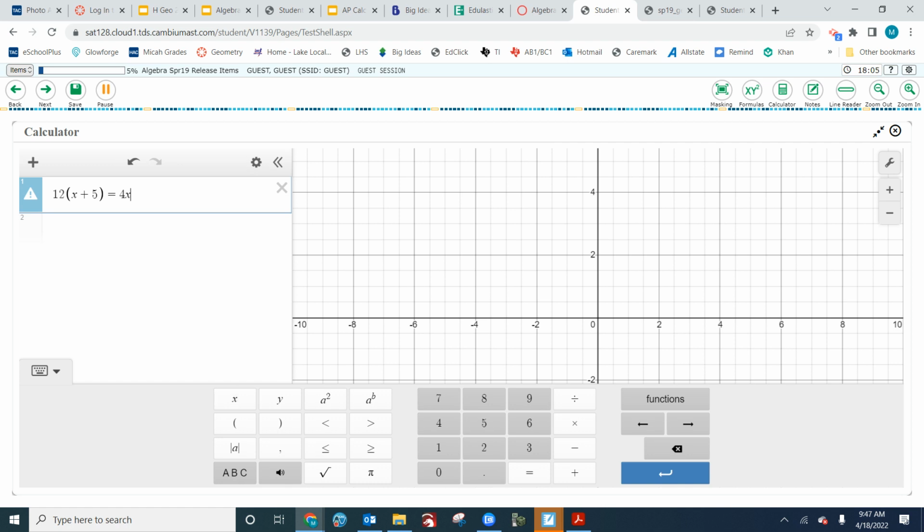Don't we have to? We'd almost have to put y, wouldn't we? Equals y. You'd have to graph them on two separate lines. So you have to do the other one too, then 4x. Y equals 4x. And then y equals 4x.